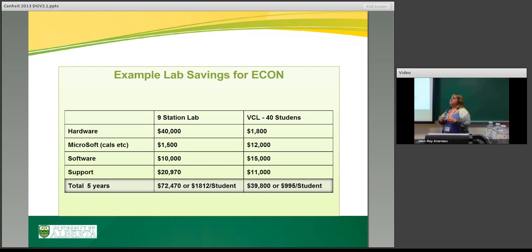Software, I put a little bit higher because in this instance, we did some licensing per student. Some of the licensing, depending on what you're purchasing, will depend on how that company licenses their product. One of the challenges we had, particularly in econ, is they used a piece of software that required that it only be in a building. So we had to have a server in that building that could only run that software, only used by those students.